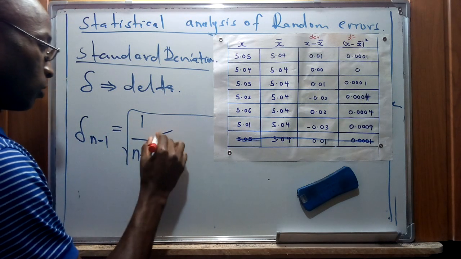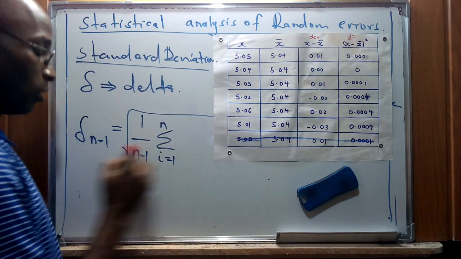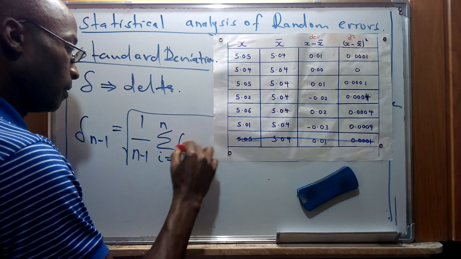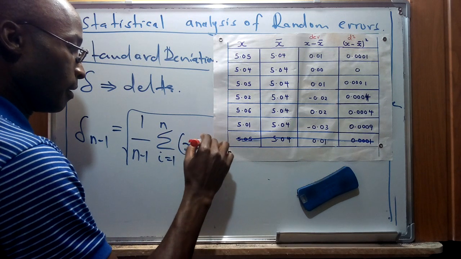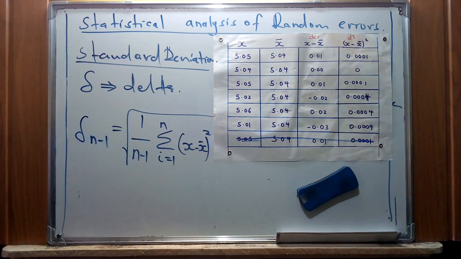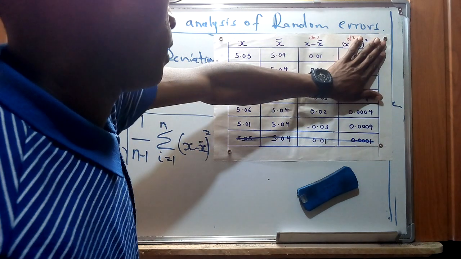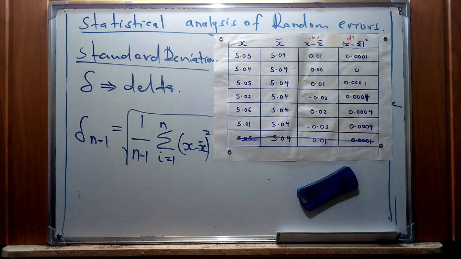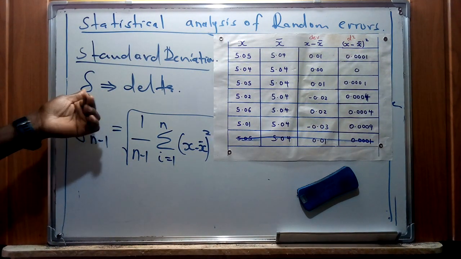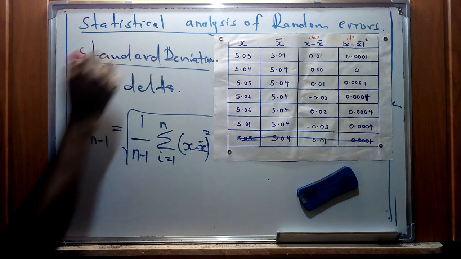I'm going to elaborate on this. This is the summation from i equals 1 to n of x minus x-bar, squared. So this is the formula that we use for describing what we call a standard deviation, and the symbol is going to be used to denote this concept of a standard deviation.